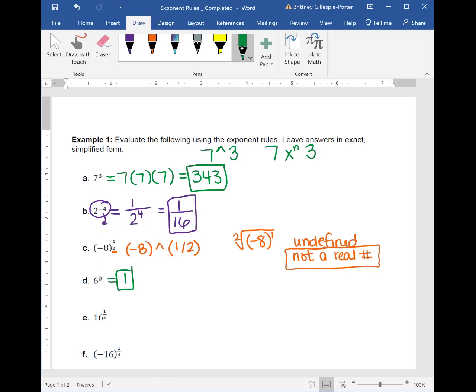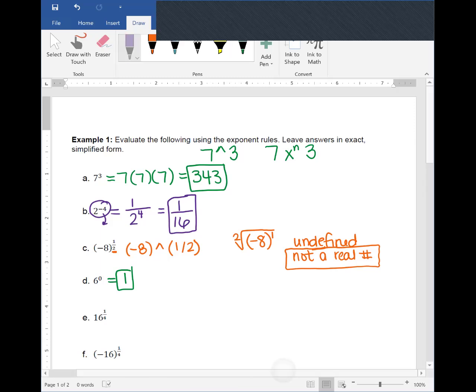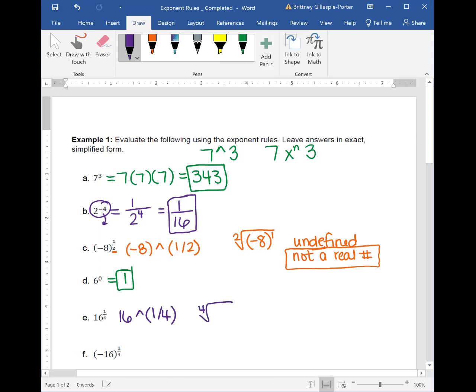Next one, if you use your calculator, remember again, you need to take the 1/4 in the parentheses. So you're going to do 16 to the 1 divided by 4 in your calculator. This is the same thing as the 4th root of 16 to the first, if I were to rewrite it.